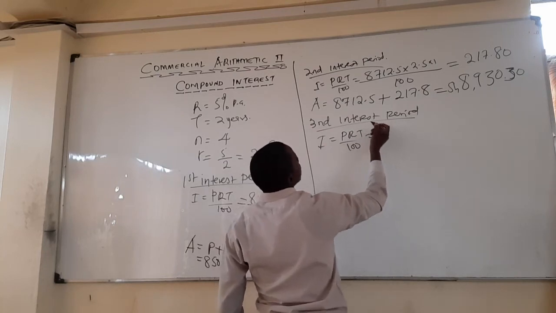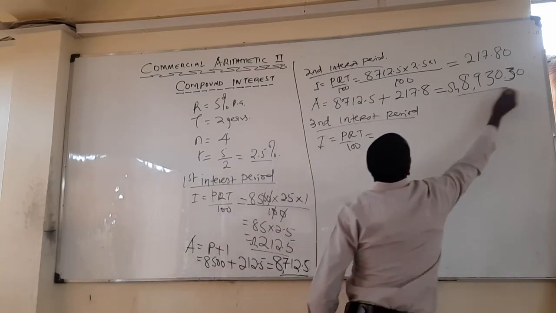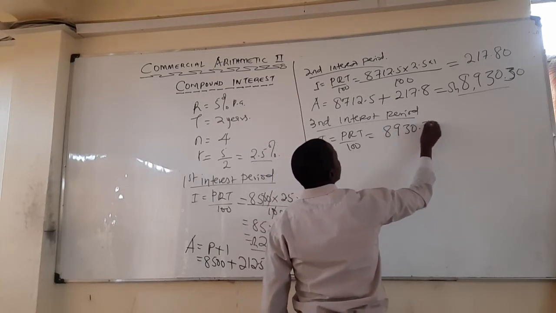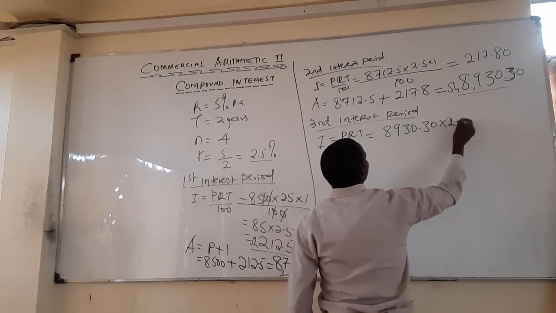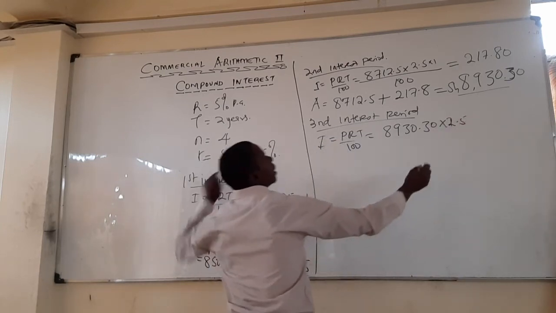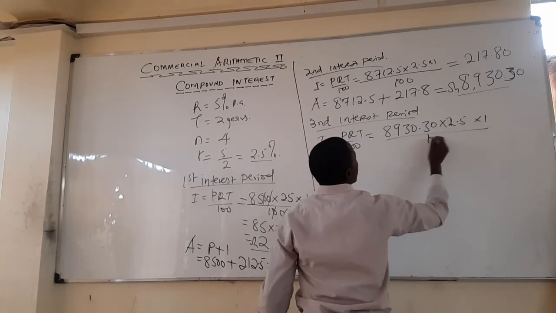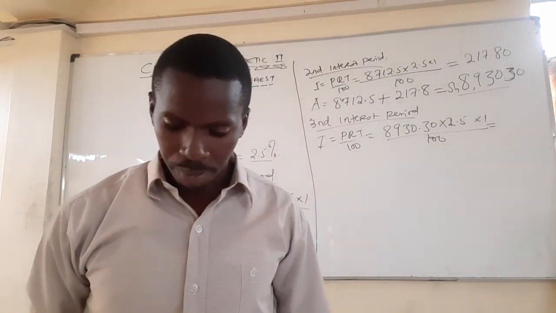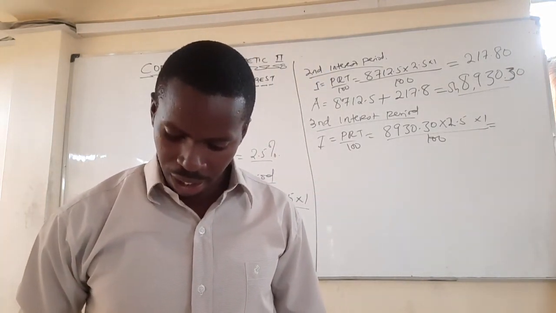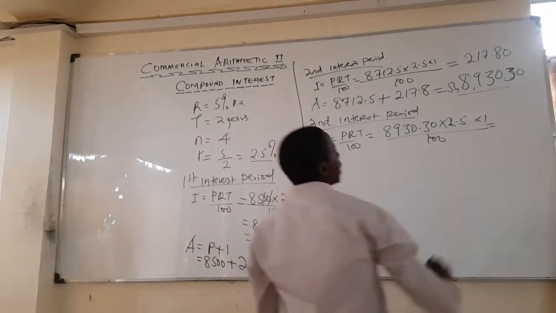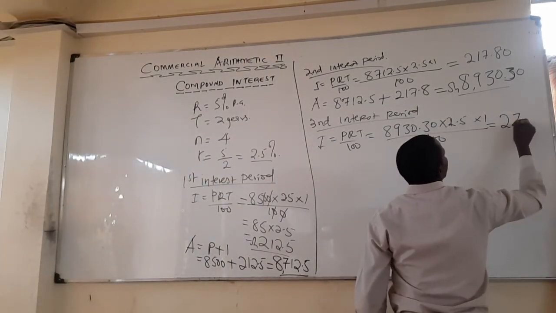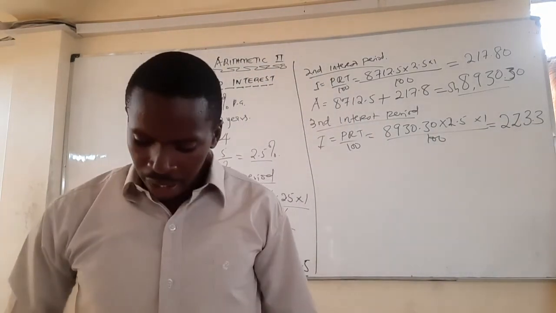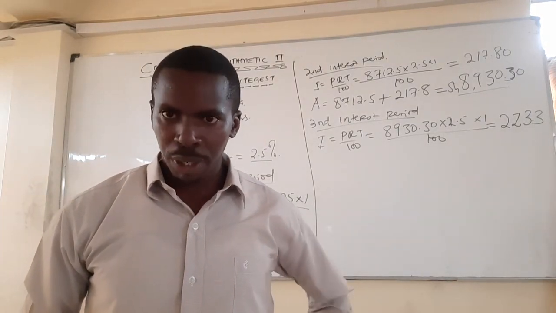The principal here is the second accumulated amount, which is 8,930.30, times 2.5, that's our rate, and then times 1 all over 100, and this we are going to have as 223.30. That interest period is going to earn 223.30.